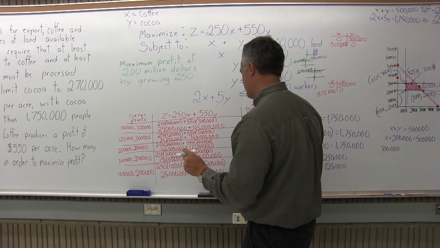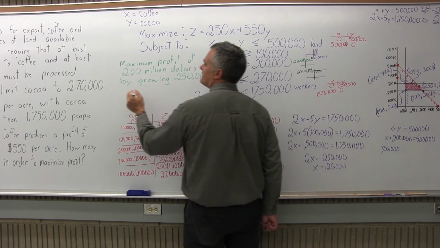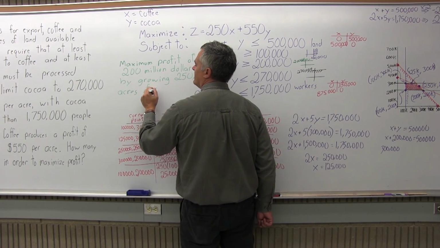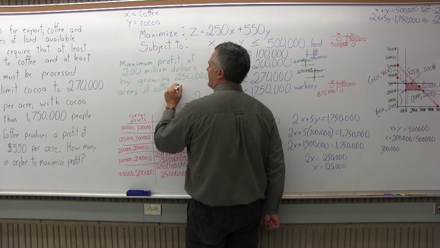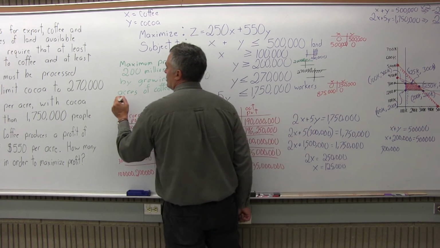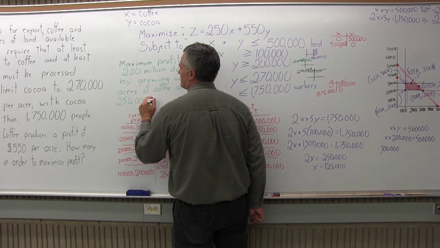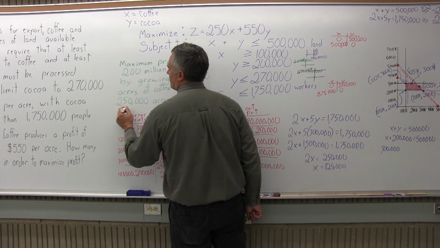Let me just make sure I've got the right corner point. The one that was both 250,000. 250,000 acres of coffee and 250,000 acres of cocoa.